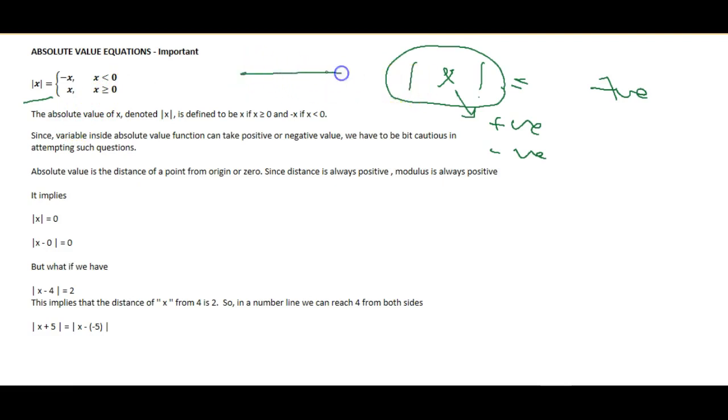On a number line, any value of x equal to 0 or greater than 0 will be a positive x, and any value less than 0, which is the first statement, will be minus x.